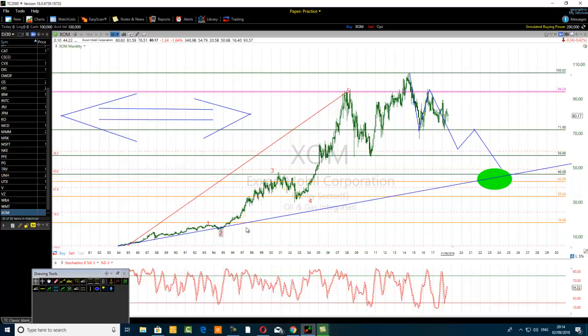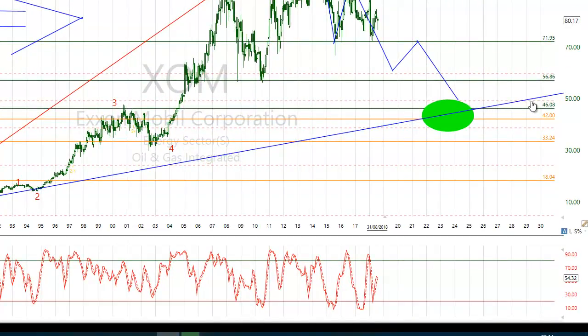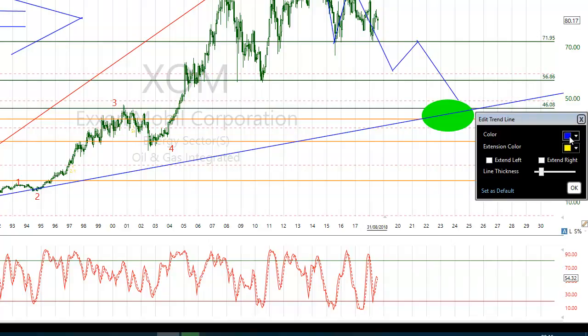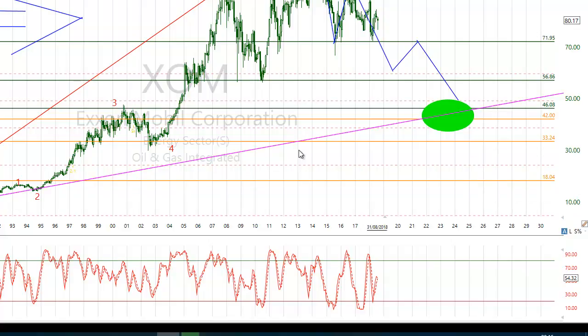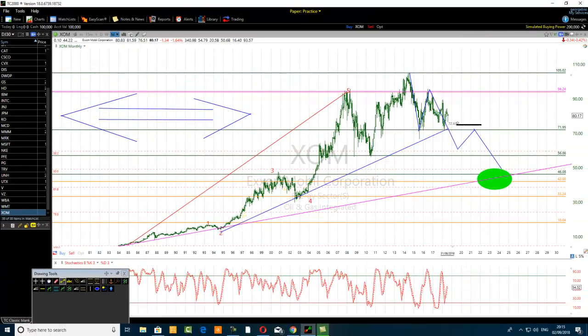Or I draw them like this. That trend line is a very, very important trend line. You want to have it on your chart if you are trading. That's the pink trend line. And then we have another trend line like this, because during the corrective phase, you need your trend line that will help you to make excellent decisions.